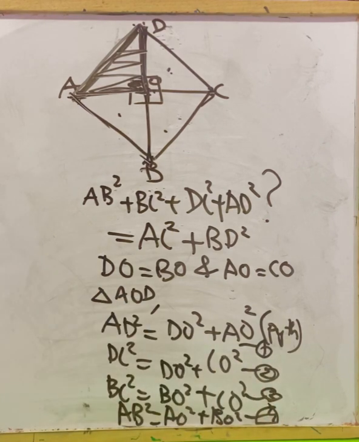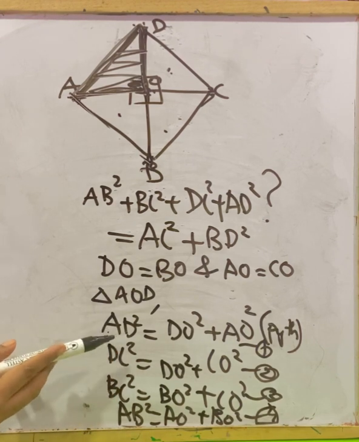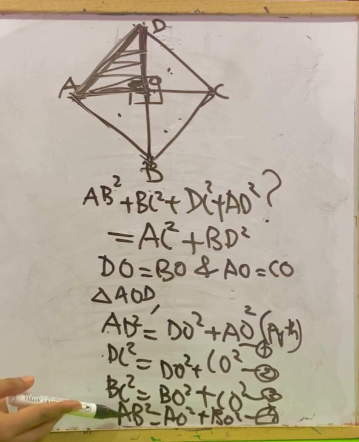Now we are going to add the equations. So on the LHS part we have AD square plus DC square plus BC square plus AB square.